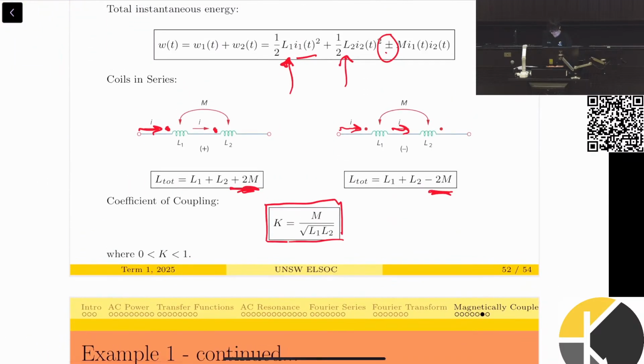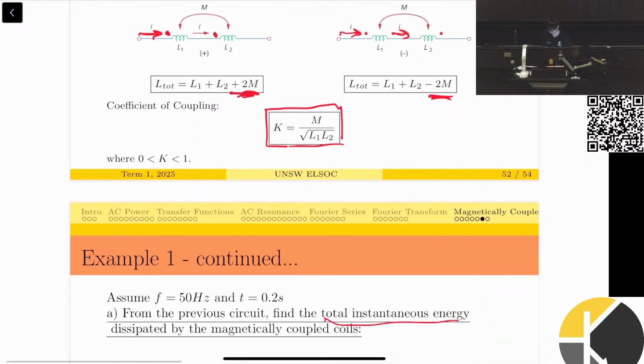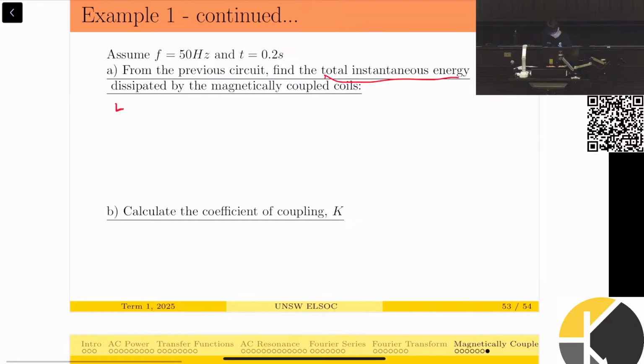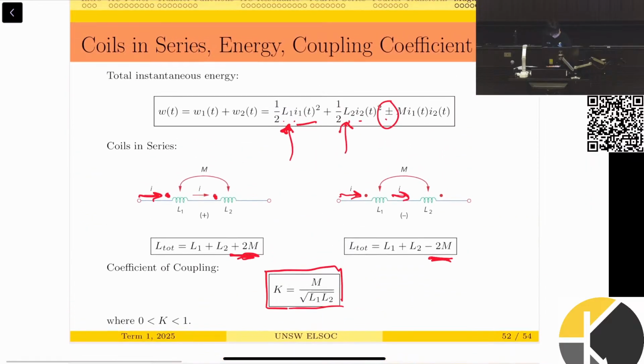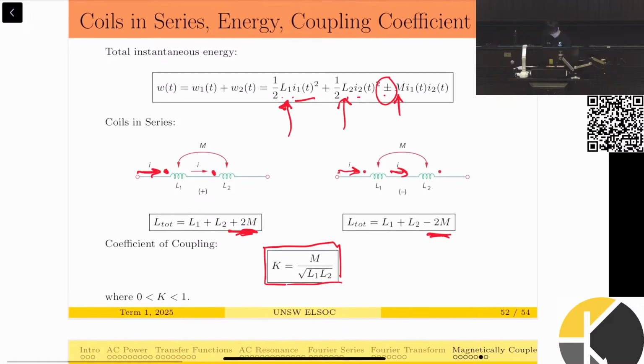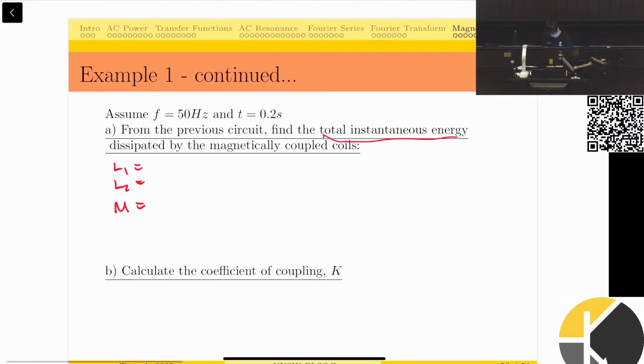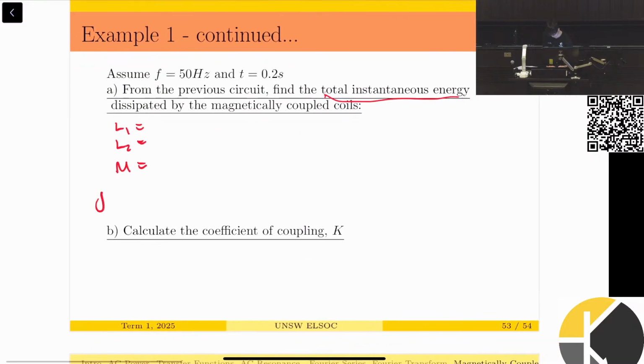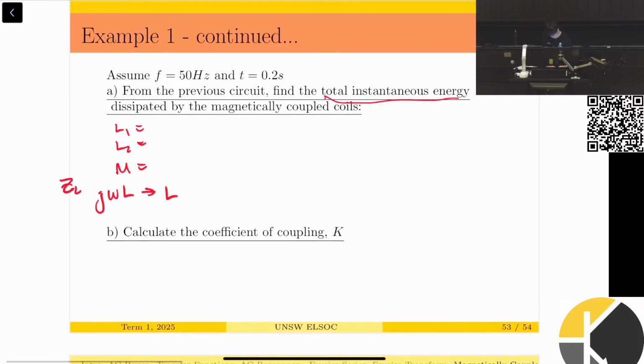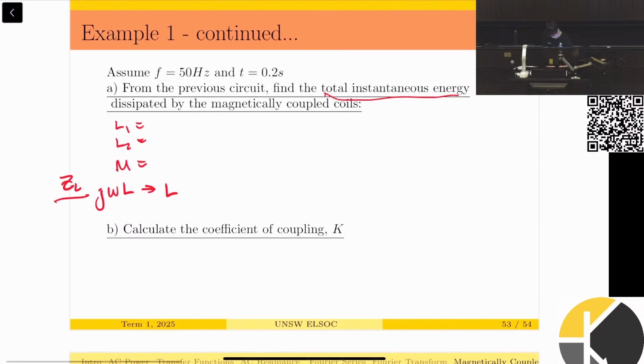So things I need to find: L1, L2, I1 of t, and I2 of t. So let's start with L1, L2, and M as well. These are all inductances. If I'm going to convert an impedance back to an inductance, I just need to do the impedance divided by omega.